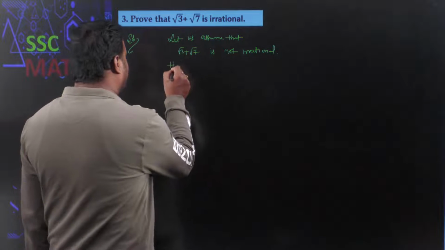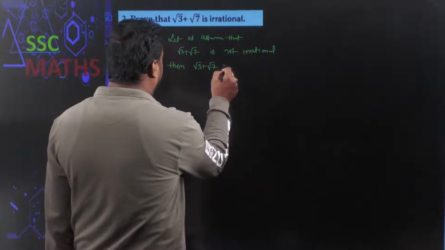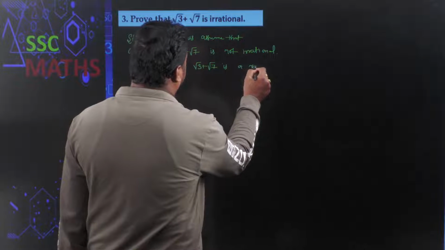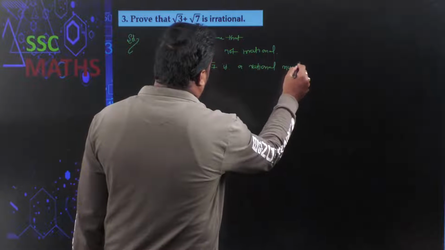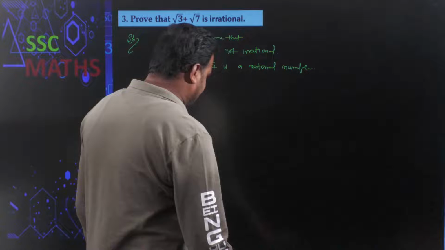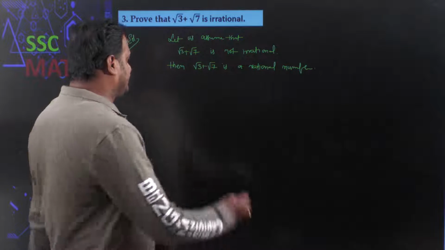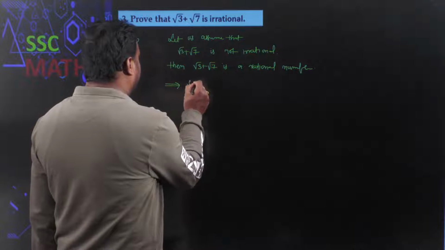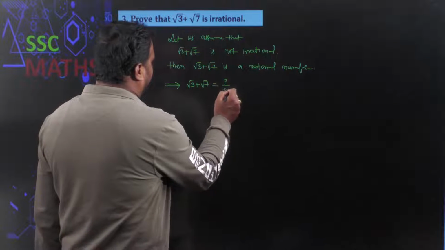So then root 3 plus root 7 is a rational number. Since it is a rational number, then we can express this one as p divided by q. So that implies root 3 plus root 7 is equal to p upon q.